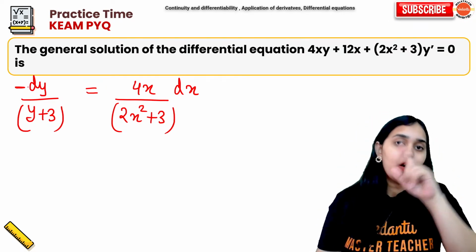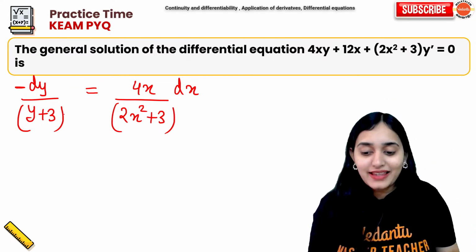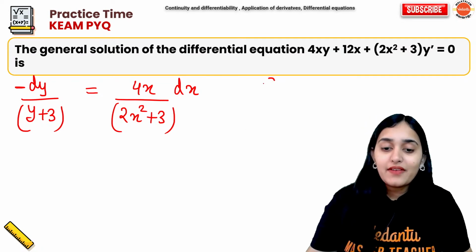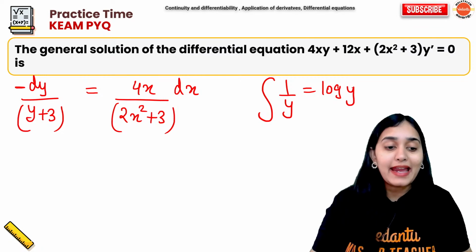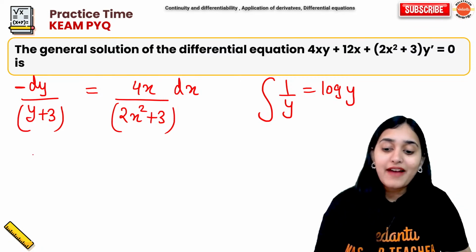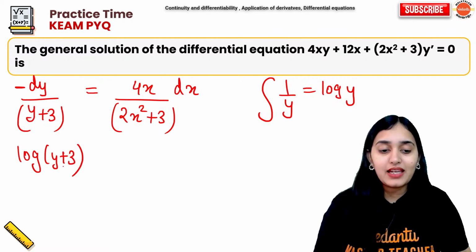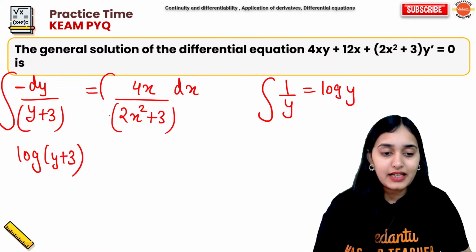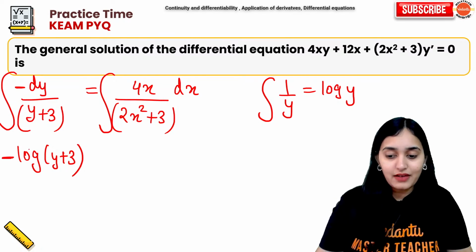Why? Because what is integration of 1 upon y plus 3? Remember, whenever there is integration of 1 upon y, it is always log y. So integration of 1 upon y plus 3 will be log y plus 3. So when you integrate it, log y plus 3 but with minus sign will be there.